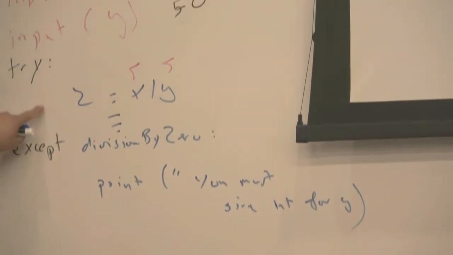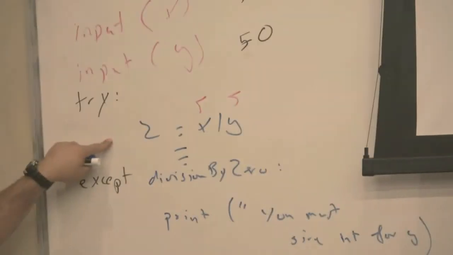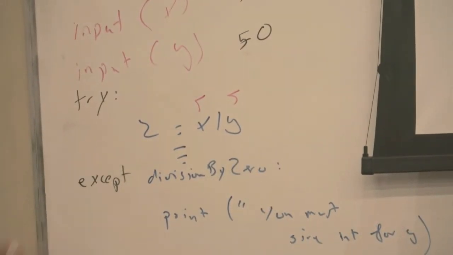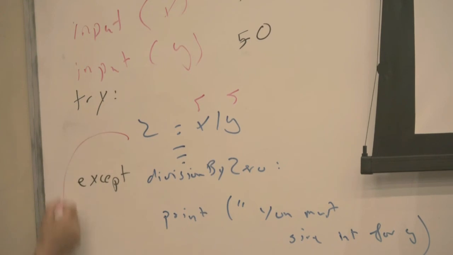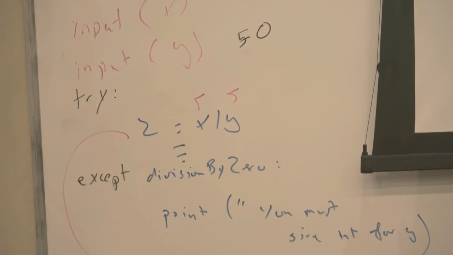What will happen after this executed? Nothing. It will not jump to the except. If there is an exception, all of these will be cancelled and it will jump to the except, and then it will quit the execution. All right? You got it?